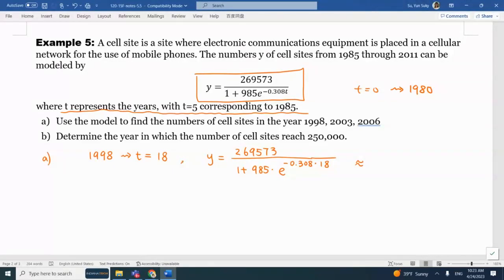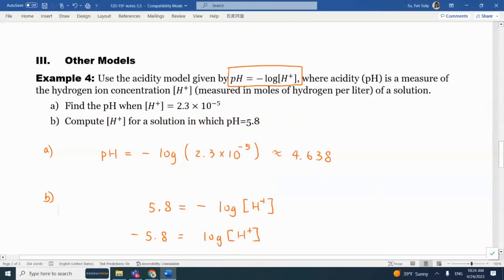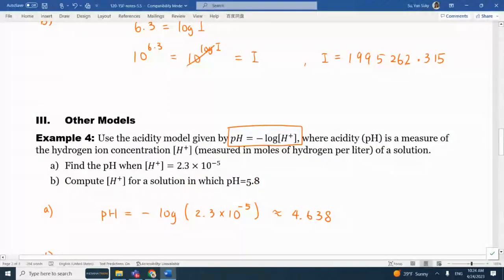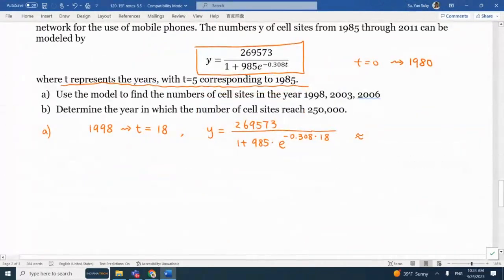So why are the other values just random? Why are we using those? Oh, it's given from the problem. The formula is given. Like the previous problem, they gave us this formula. We know this formula, then we just use it. So we don't have to memorize the 269,573? No, you don't.